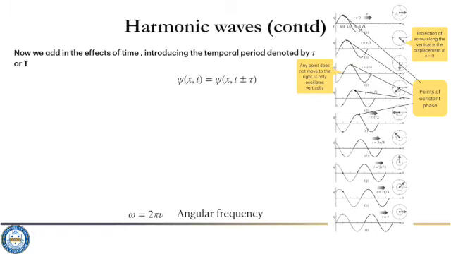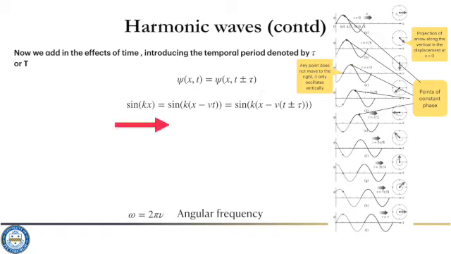So since the wave must repeat after a time tau, as we've just seen, in going from t to t plus tau or t minus tau, the wave function must remain the same. So we can immediately carry out our usual analysis where we take x and displace it by vt, because we know that sine kx and sine k times (x minus vt) must be the same as this function on the right-hand side, which is x, t plus or minus tau.